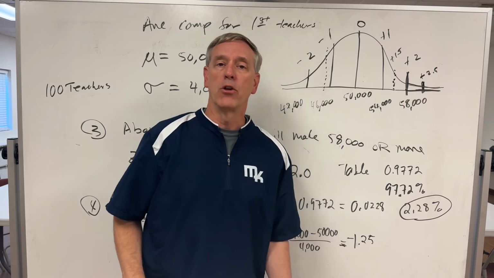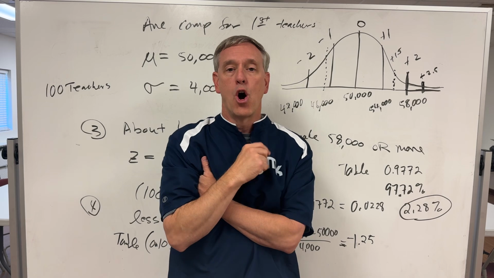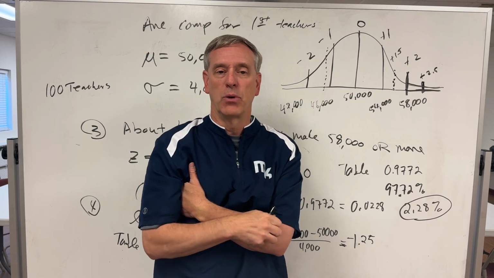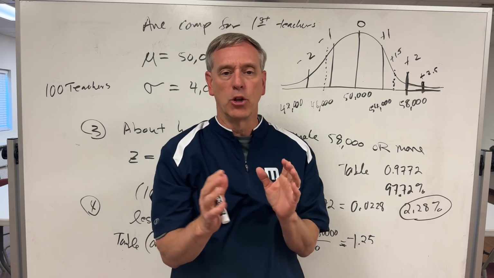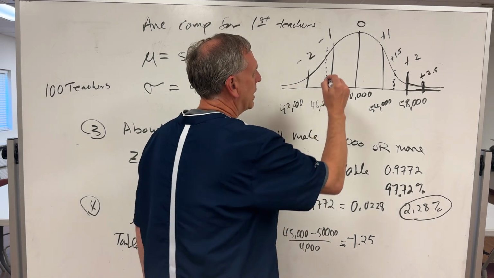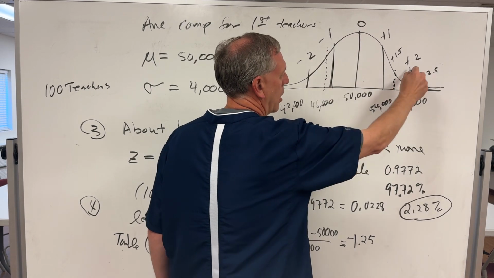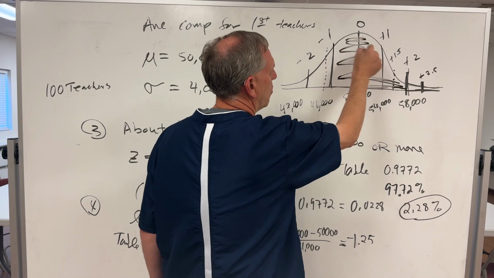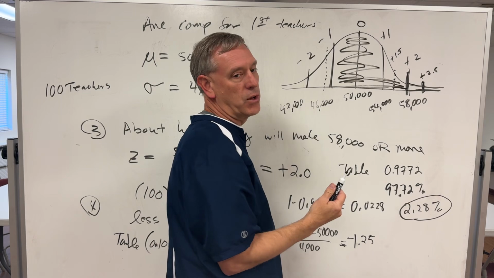All right, now there's one more trick to all this, and I will show that to you on Monday when we do our practice test. So I'm just letting you know there's one more trick, and we need to look through the issue. What if I'm trying to find something between two numbers, like between there and there? How do I find this? What's the probability of being between 46,000 and 58,000, for instance?